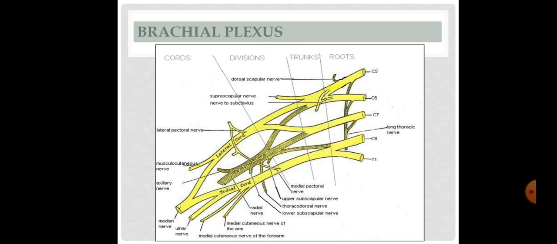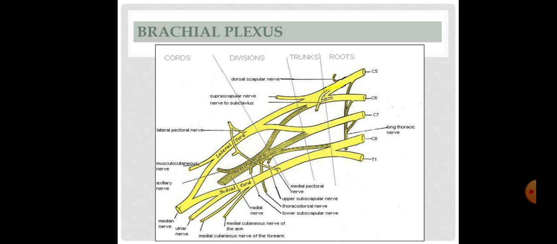Then, what are the sites of the trunks? Trunks lie at the base of the posterior triangle of the neck. Then the divisions lie just behind the middle one-third of the clavicle.